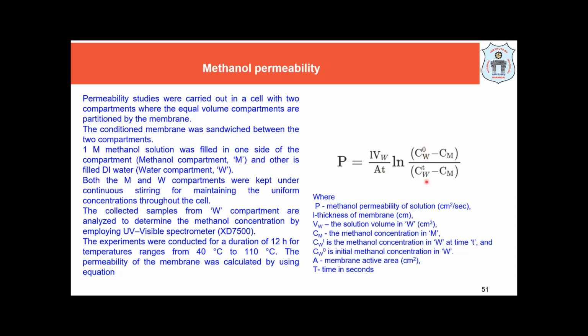Cm is the methanol concentration, molarity. CW at time T is the methanol concentration in W at time T, and CW naught is the initial methanol concentration in the W compartment. Okay, so that is the water compartment.